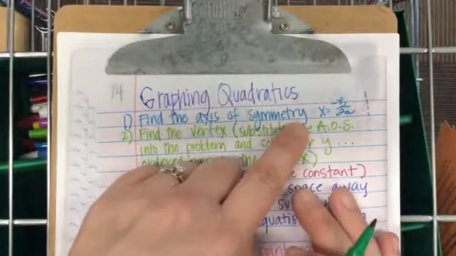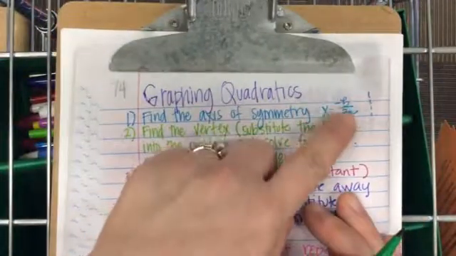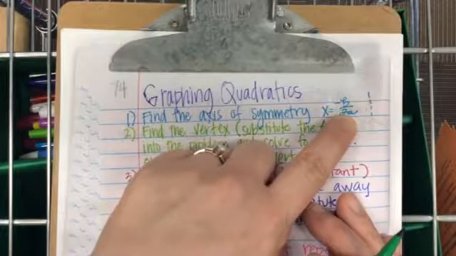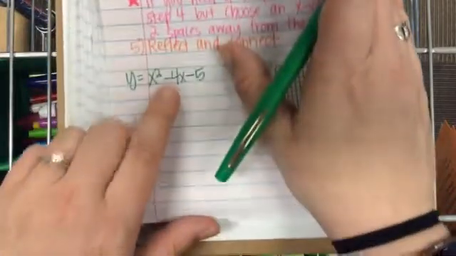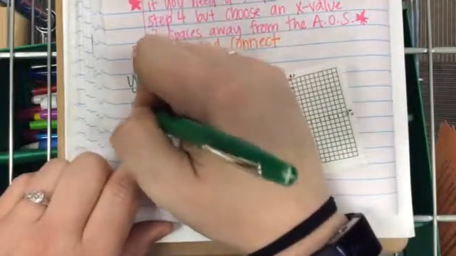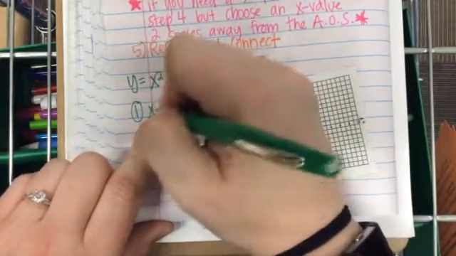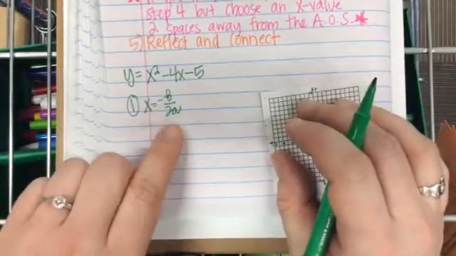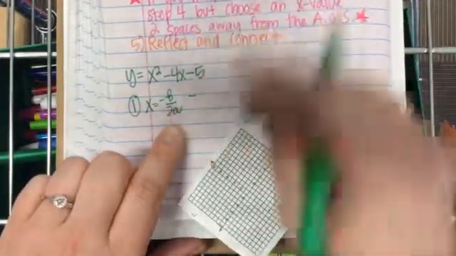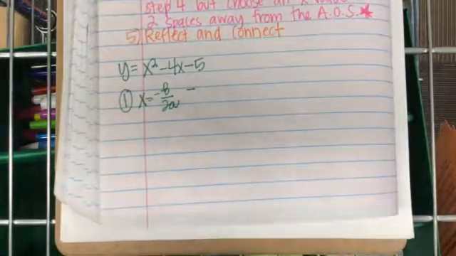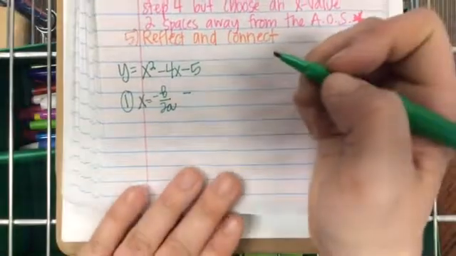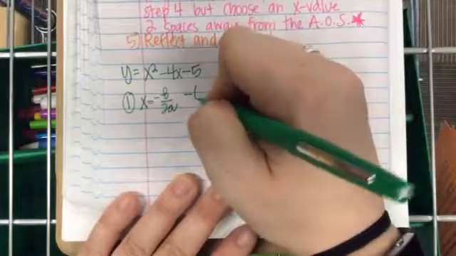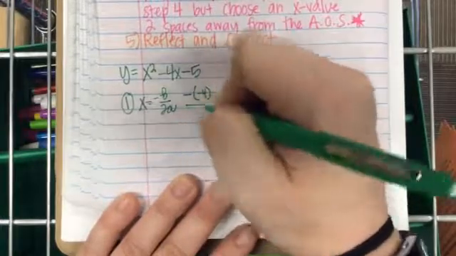All right. Step 1, find the axis of symmetry. Negative b over 2a. So negative what? What's my b value? Negative 4 over 2.